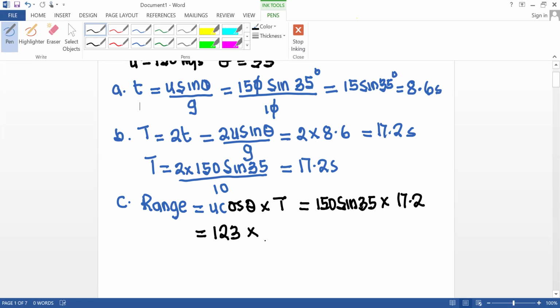So is it supposed to be sine or cos? Oh, it's cos. Thanks for the information. So this is cos of 35. And that is approximately 123. Is that correct? Yes, please.